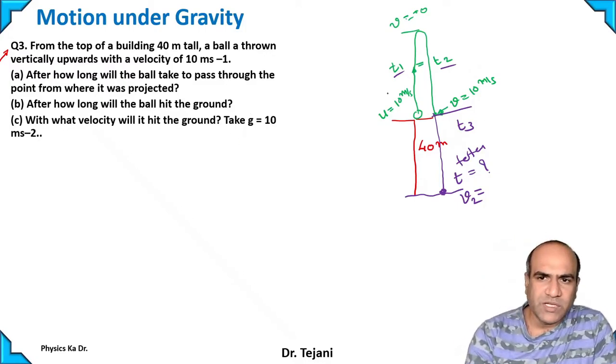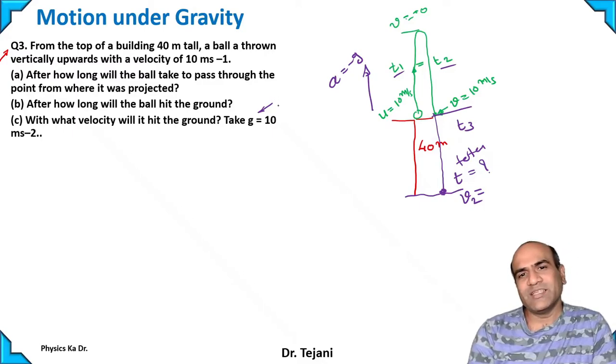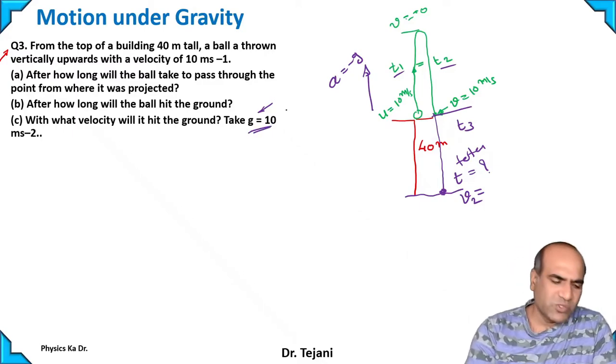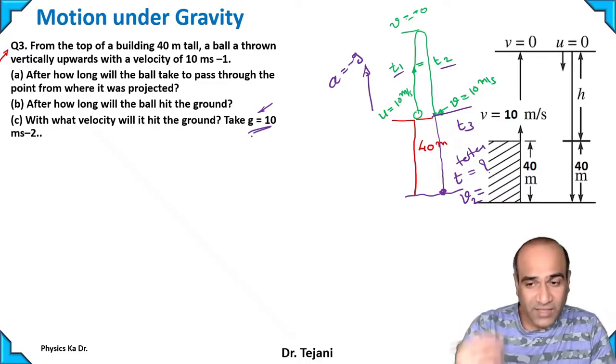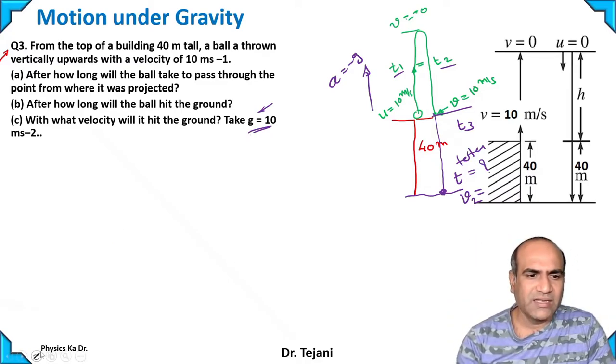When the body moves in the upward direction, the acceleration becomes minus g. During your NEET as well as JEE examination, you should take g as 10 because you don't have a calculator there. Let us understand the question once again.